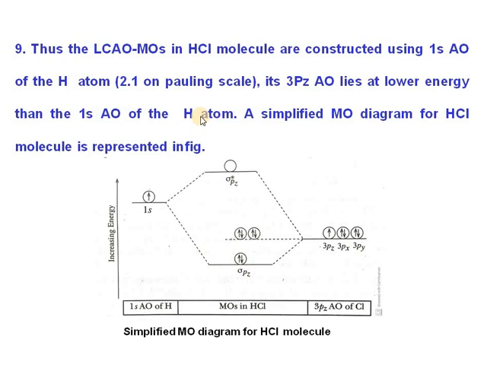These combine the 1s atomic orbital of hydrogen with the 3pz atomic orbital of chlorine.